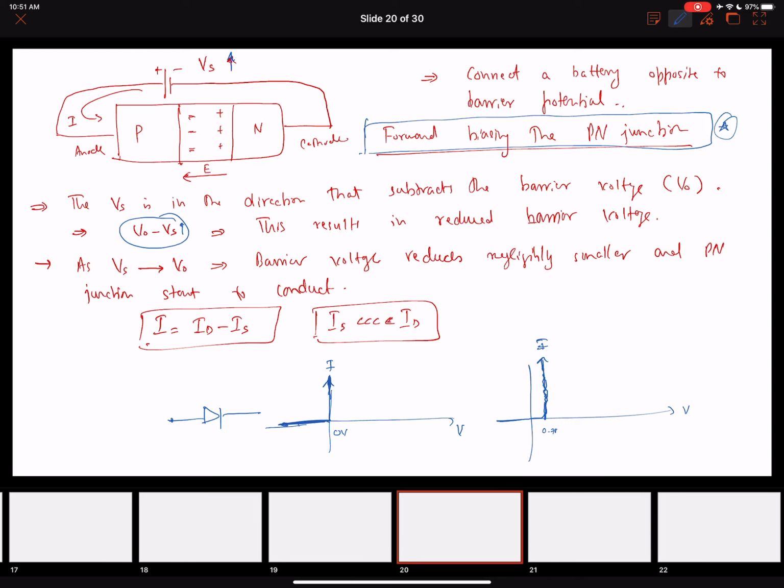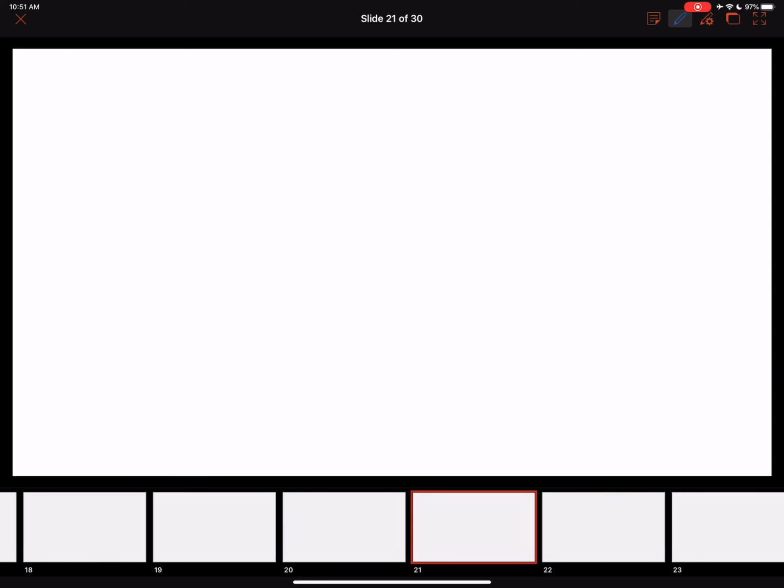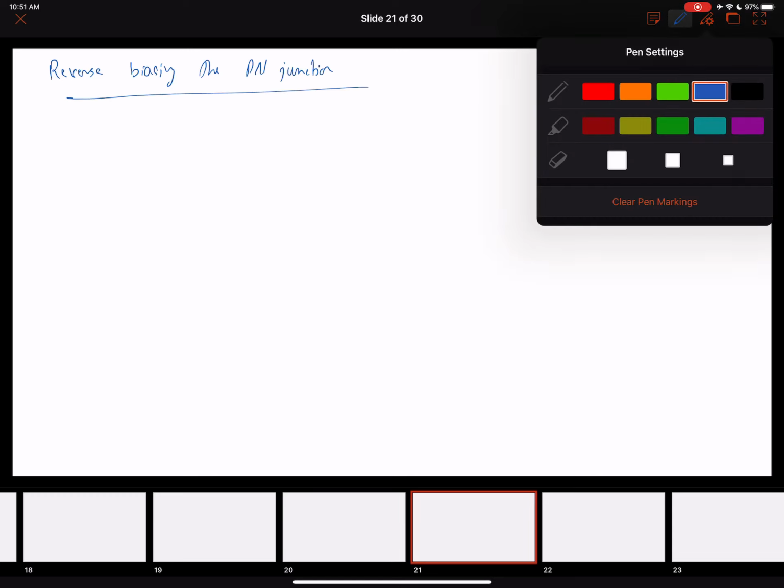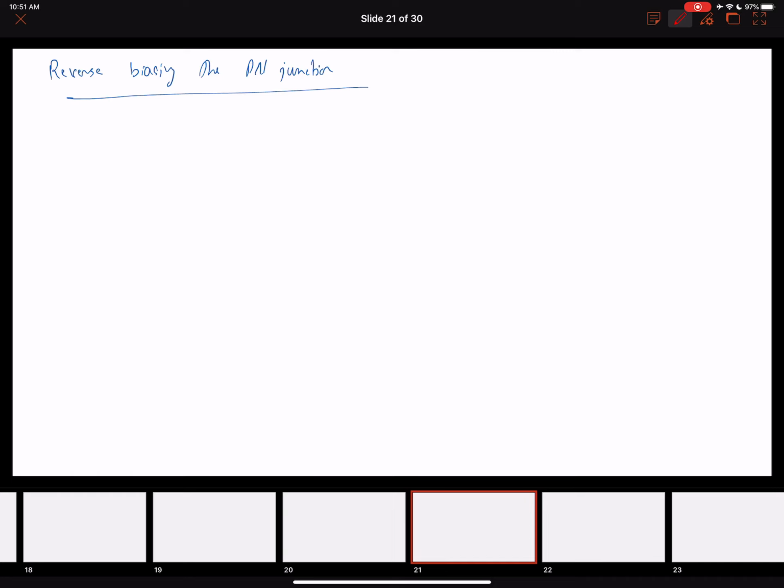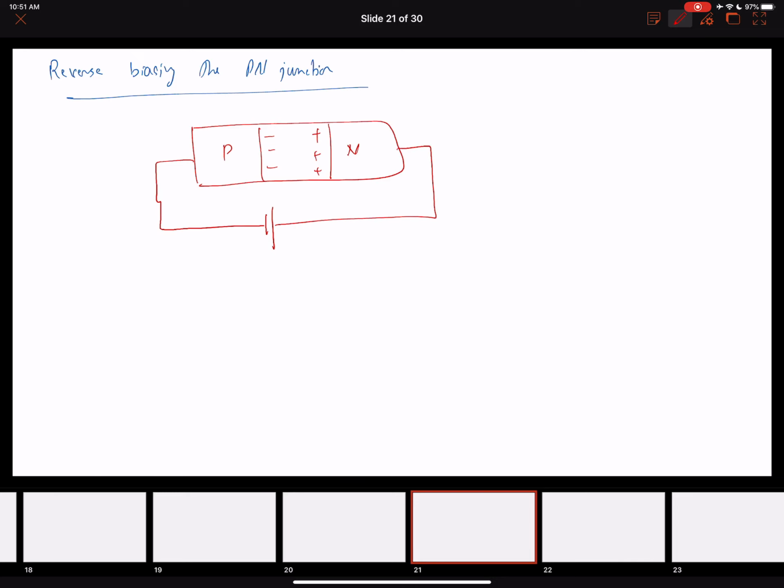Okay, let's quickly talk about reverse biasing a PN junction. Again, you have this P-type, N-type, and let us suppose now we connect it in the opposite direction, right?